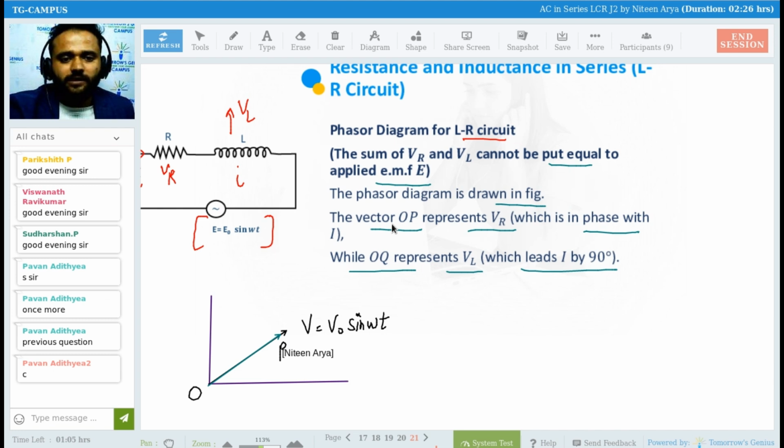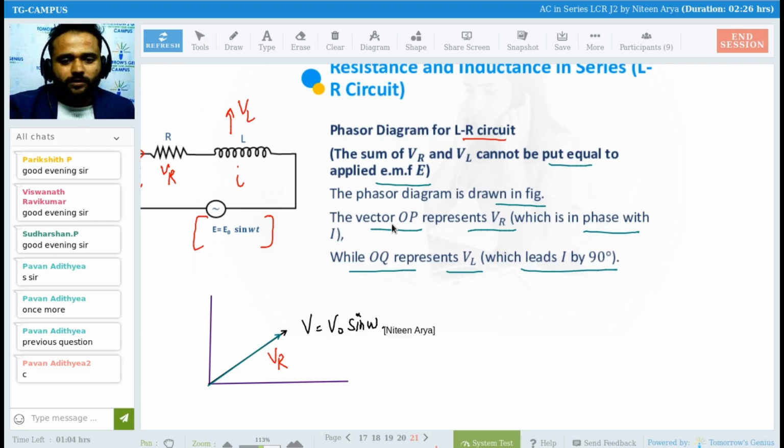The OP vector is the vector in which we have VR, because VR and V are going to be in the same phase. If I need to show you the 90 degree VL, this is my VR and this is my V naught sine omega t.